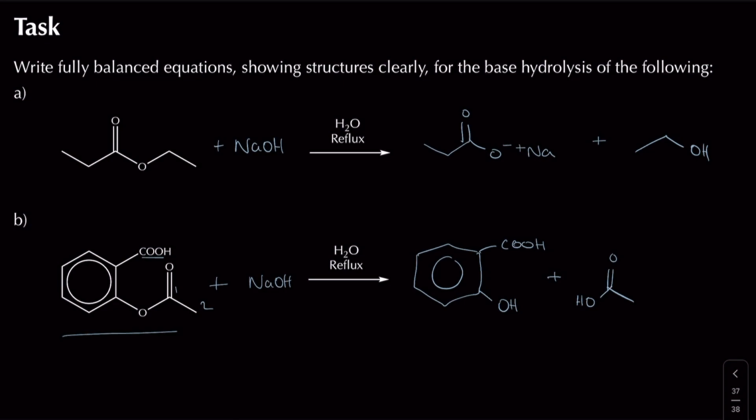Now, if you got that as your answer, that's unfortunately wrong, because remember, we've actually got base hydrolysis here, so that sodium hydroxide, one lot will react to break the ester bond, another lot will react with this carboxylic acid group over here, and another lot will react with this phenol group over here.